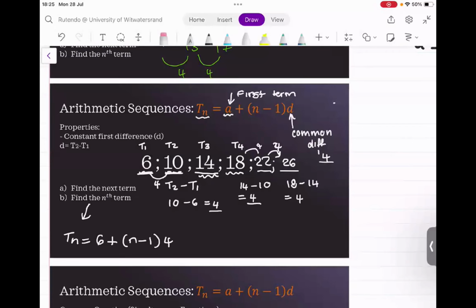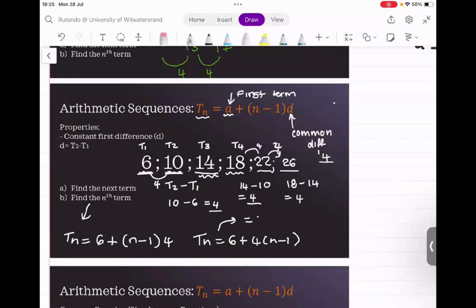Does it matter whether I put the 4 here or if I write it as Tn is equal to 6 plus 4(n minus 1)? Does that change anything? No, it's not going to change anything. You can further simplify this.